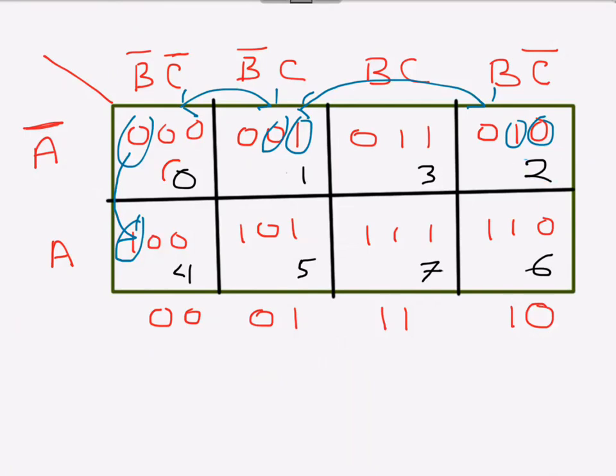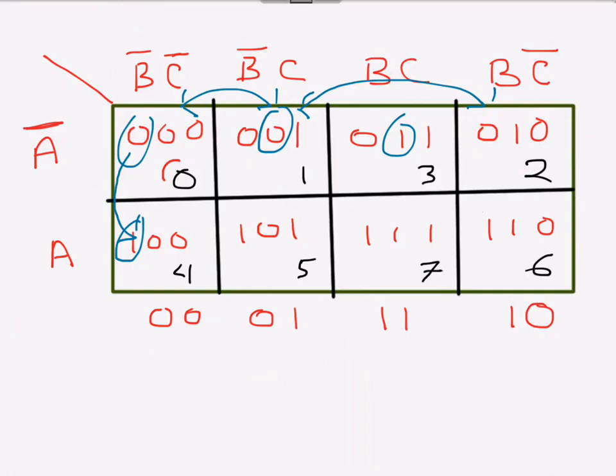So from 1 to 3, we can see the change is only one bit. The benefit of that is it helps to minimize. Similarly, from here to here, the only change is this one.